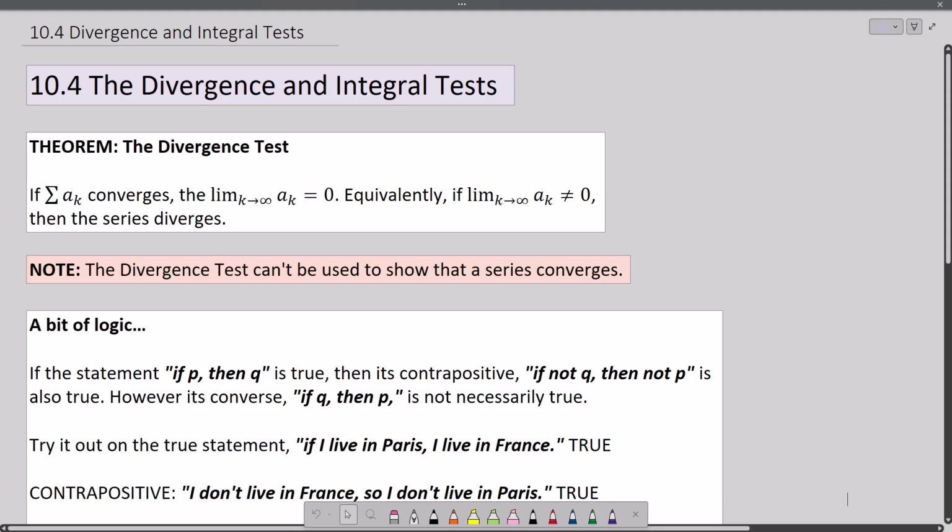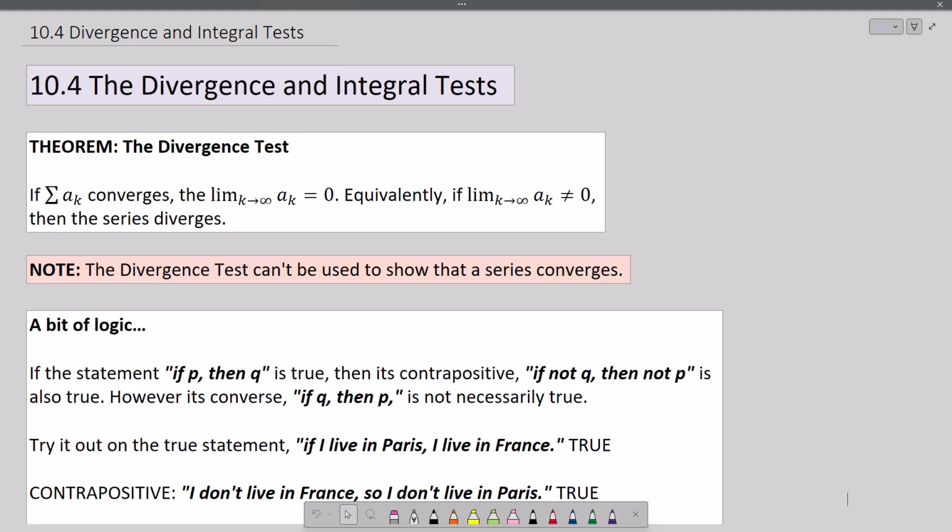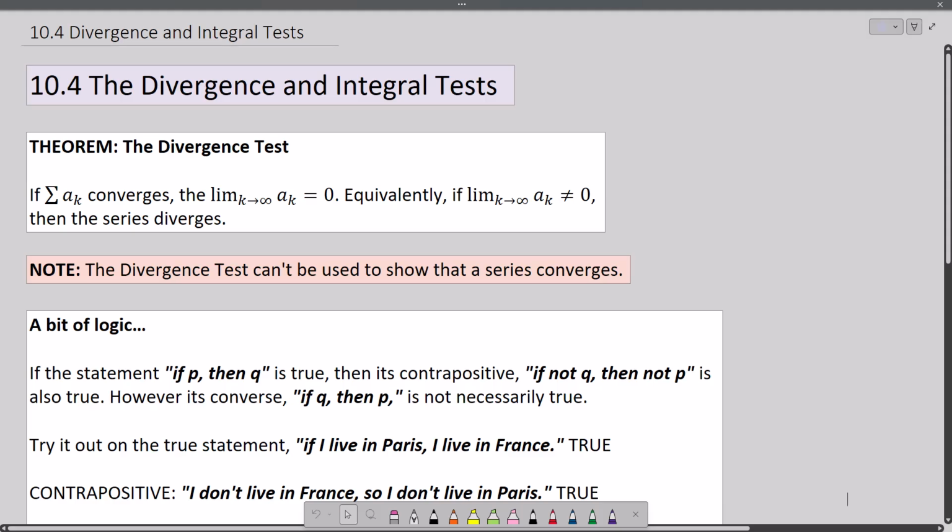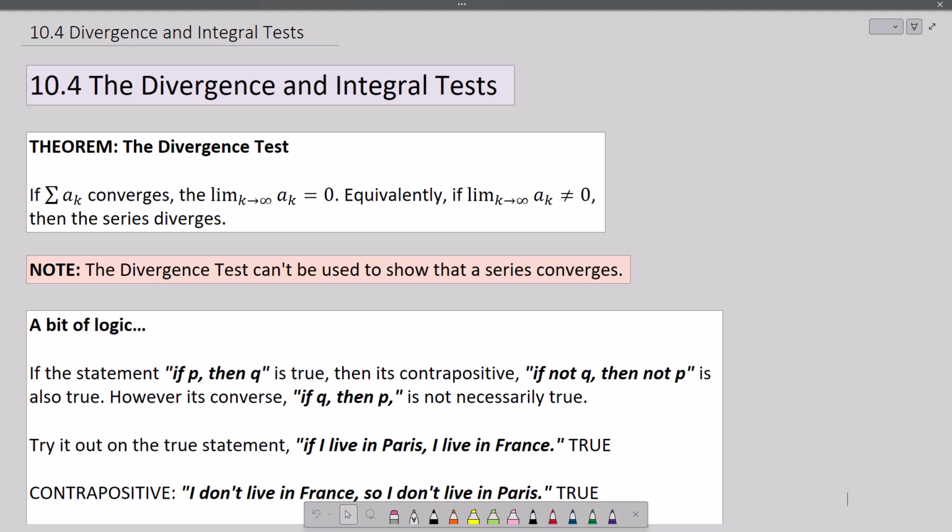The divergence test gives us a way to conclude divergence for egregiously divergent series. So series that are totally divergent, meaning that they are so bad, like 1 + 1 + 1 + 1 clearly diverges, that kind of thing. For these egregiously divergent series, this test is really awesome.